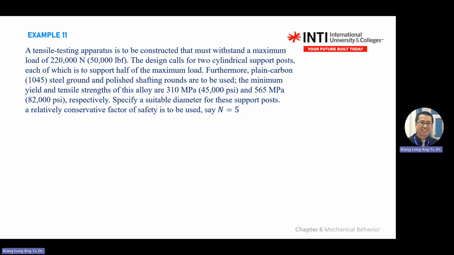So you are given the yield strength: 310 megapascal. Tensile strength, UTS, 565 megapascal. Specify a suitable diameter of the support post, with the safety factor N of 5.